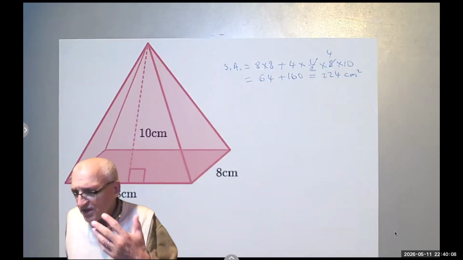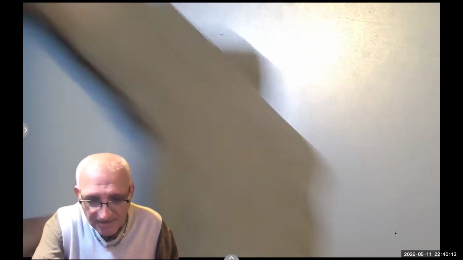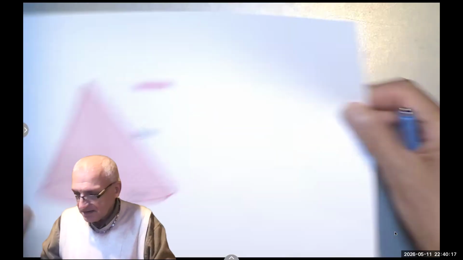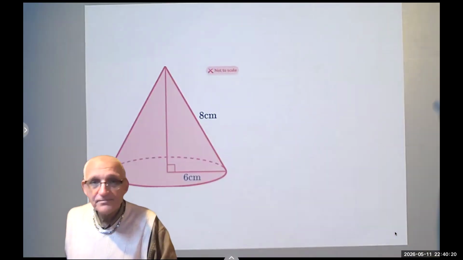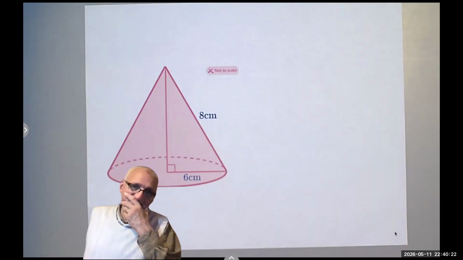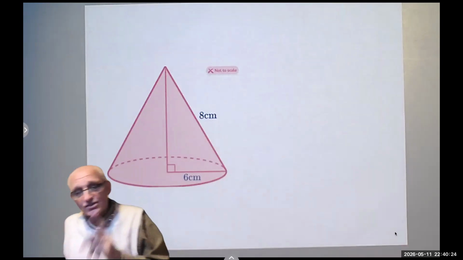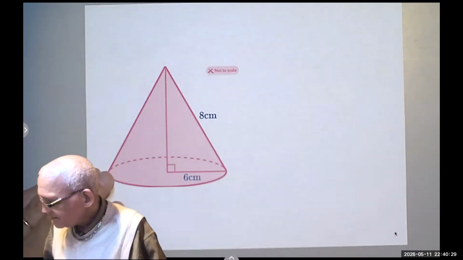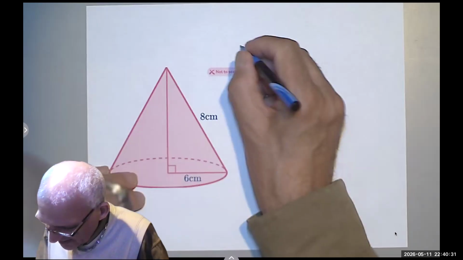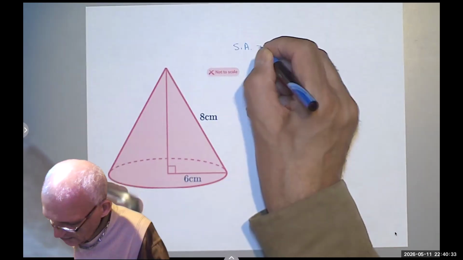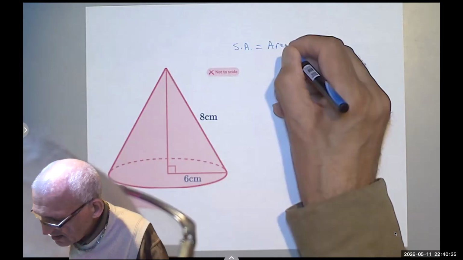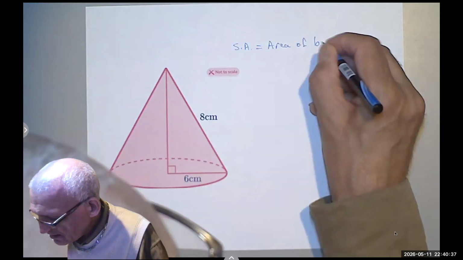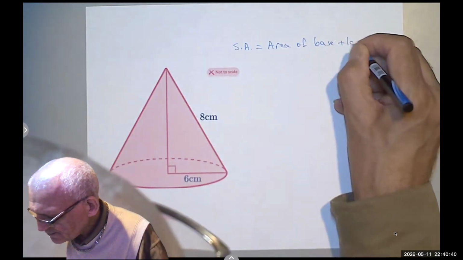Finally, I don't know if you covered that or not. You covered it in volumes, which we will do tomorrow. But how about the surface area of a cone? Okay, the surface area of a cone is basically area of base plus lateral area, of course.